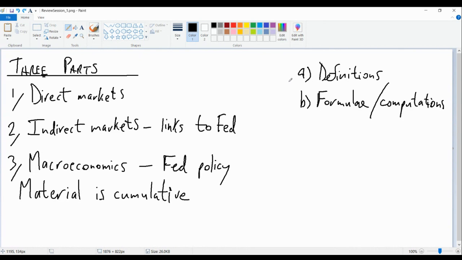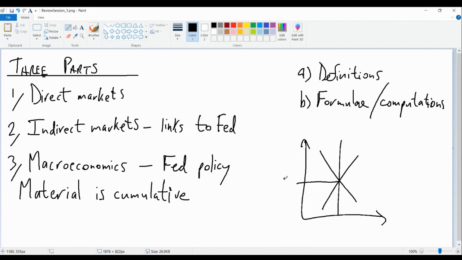And in the third part, I don't remember doing any computations, did we? I didn't think so. We could have, because remember, in the aggregate demand, aggregate supply model, this is expected inflation, and if the demand curve moves over here, then you get a different level of inflation.